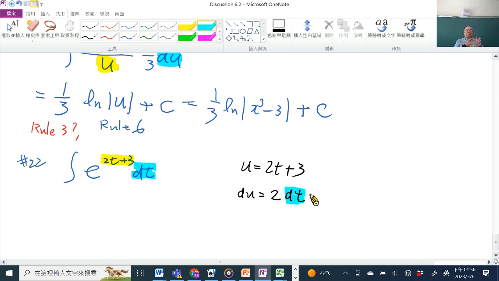Unfortunately, we only have 2 as the different coefficient, and that's easier to take care of. All right, so we are going to have e to the u, and dt becomes 1/2 of du.